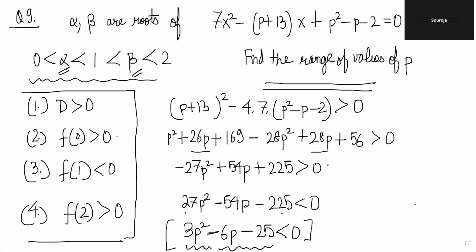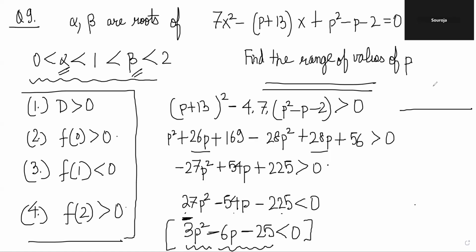Always, when you have a quadratic inequality, you should draw a rough graph and then you'll get the idea. So look at this quadratic. It has the first term positive, so obviously it's an upward facing quadratic. It has to be less than 0.